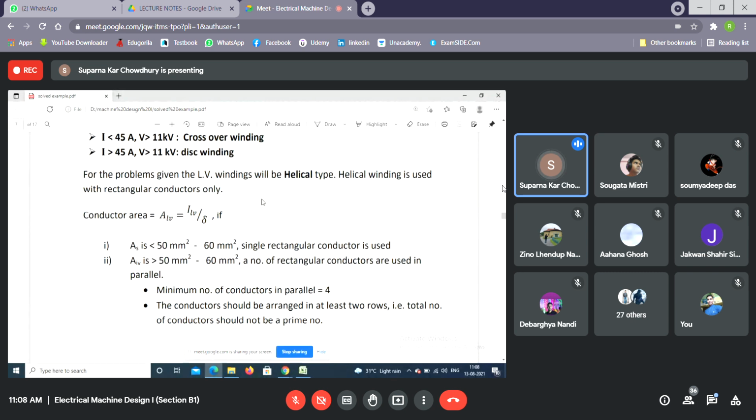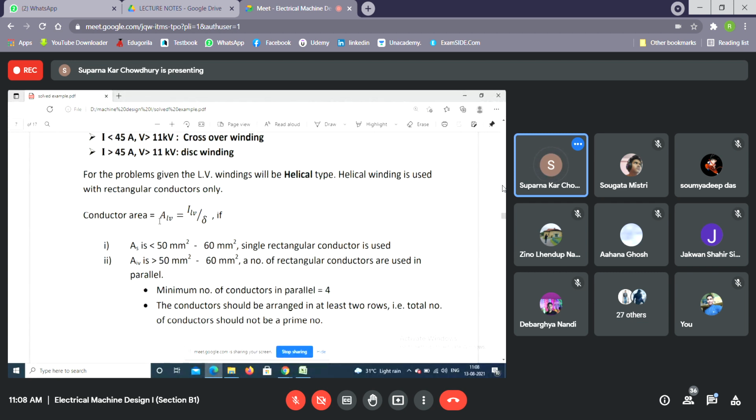It is a static device, so the delta we normally admit is 3 amp per millimeter square, or 3 into 10 to the power 6 amp per meter square. That is the value of delta. Actually, the delta value for copper winding in a rotating machine, when you design, you will see that value is higher.